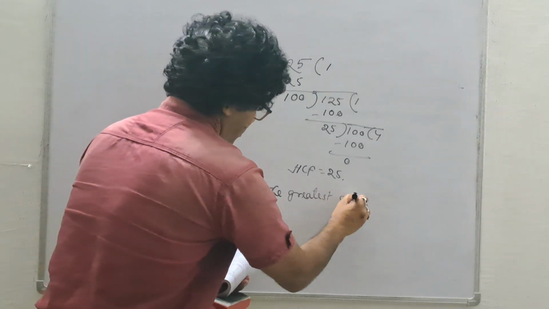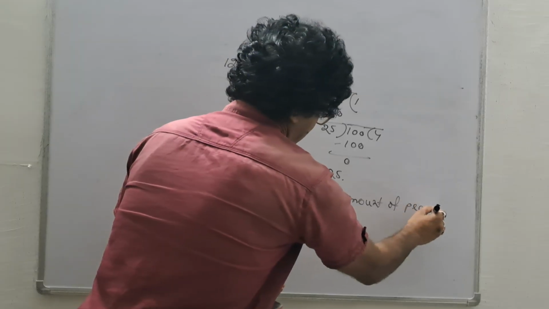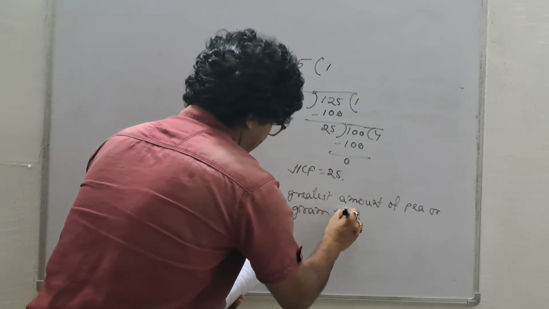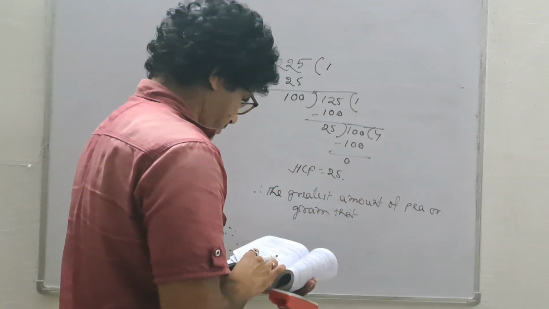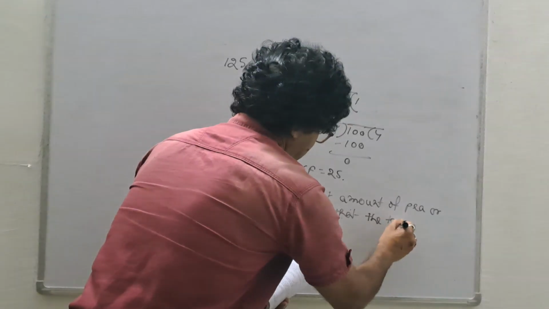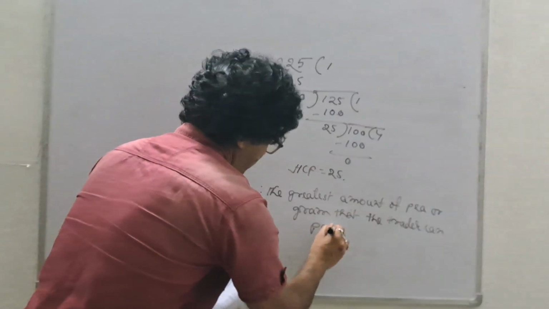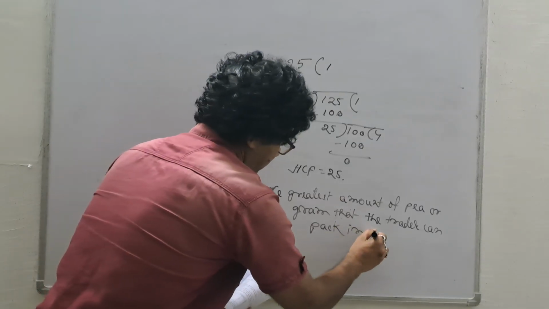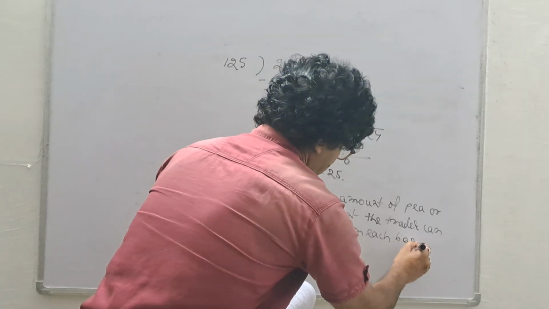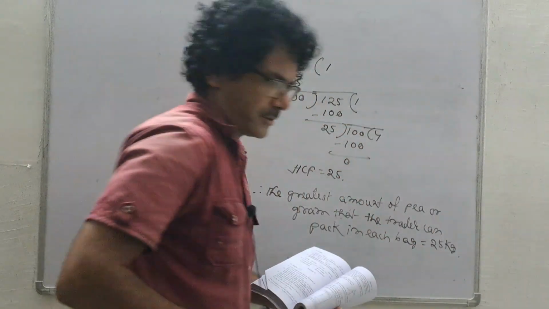The greatest amount of pea or gram that the trader can pack in each bag is equal to 25 kg.